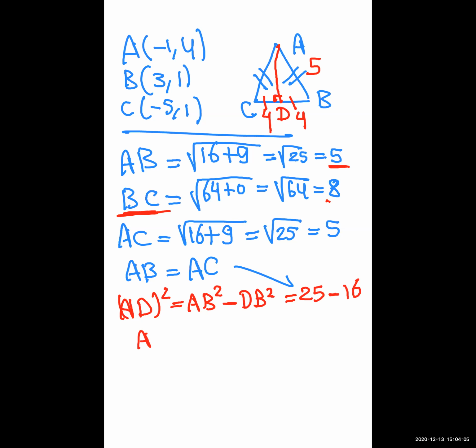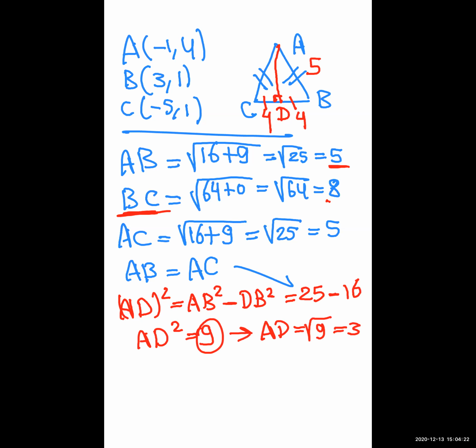So AD squared will equal 9. So AD will equal the square root of 9, which is equal to 3. Okay? Are we clear till now?